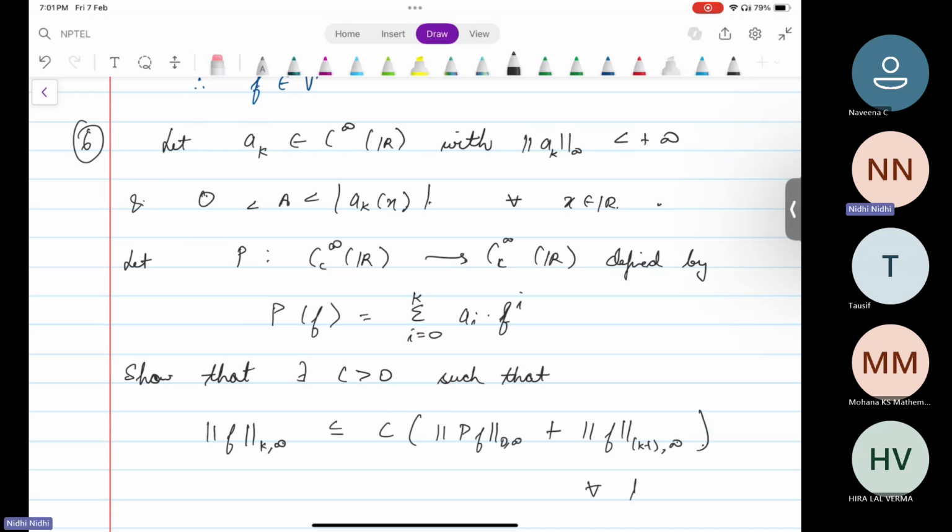This should hold for every f in Cc infinity R. So can you try and tell me how we should proceed?